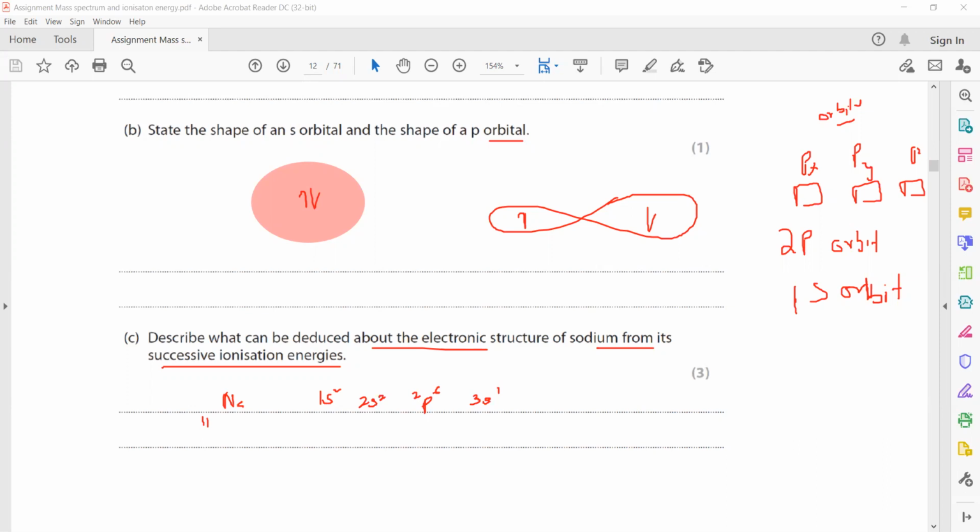This is one quantum shell, two, three. So there are three quantum shells, and it will have one electron in the outermost shell, and the first electron is removed from the 3s orbital.